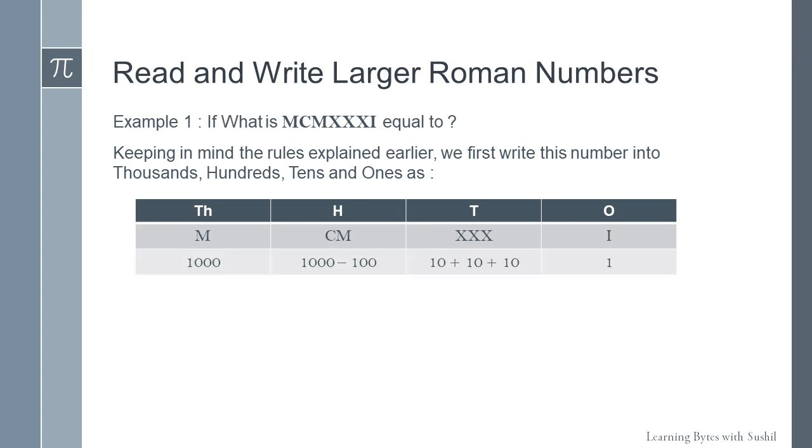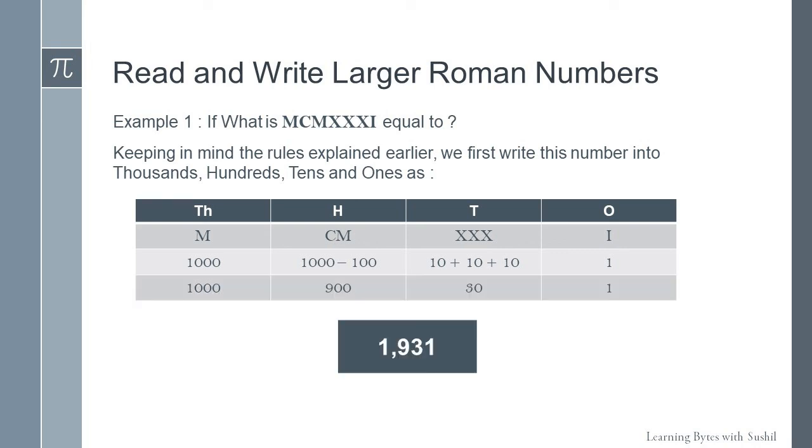So M stands for 1000, CM is 1000 minus 100, XXX is 3 times 10, which is 30, and I is equal to 1. So if we make a sum of it, which is 1000 plus 900 plus 30 plus 1, it will make 1931. So MCMXXXI will be equal to 1931.